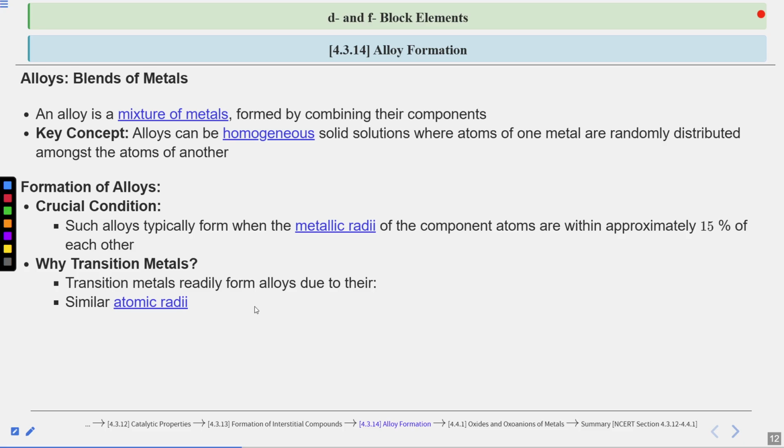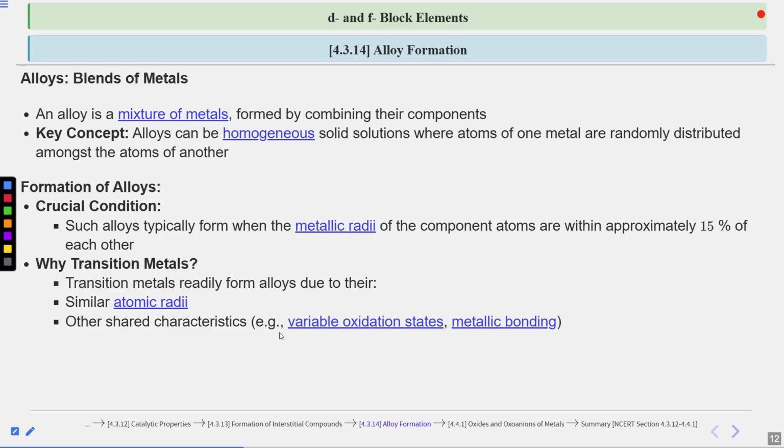If the sizes are the same or similar, the stability of the alloy will be good. It will not cause any significant distortion due to the similarity in atomic size, due to which the alloy formed by those transition metals will be stable.